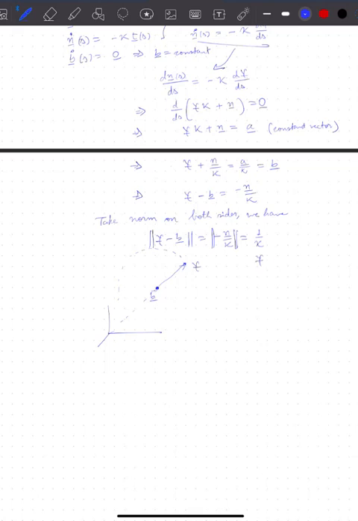Since gamma can be any element in R3, but which lies on the curve, of course, this distance always has to be 1 by kappa.